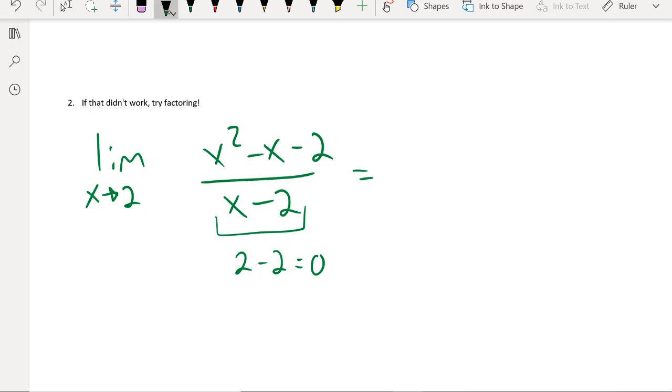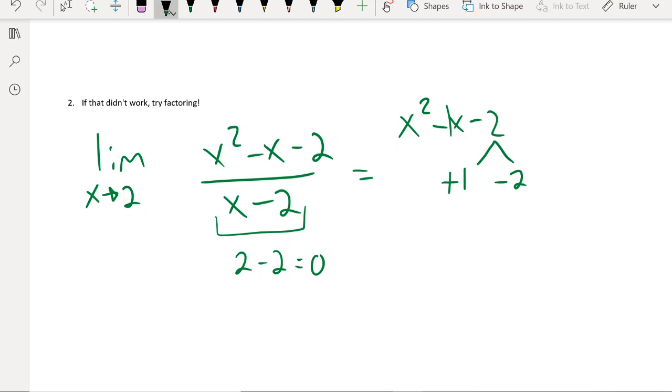I'm going to factor this top thing here. That's minus 1x. Anytime you have no number, it's a 1, for the same reason that if you had a pen, that means you have one pen. So that's 1x. I want two things that multiply to give me negative 2, so one of them has to be positive and one negative.